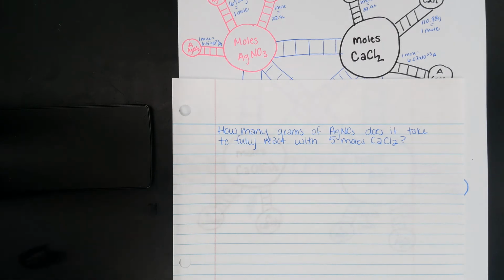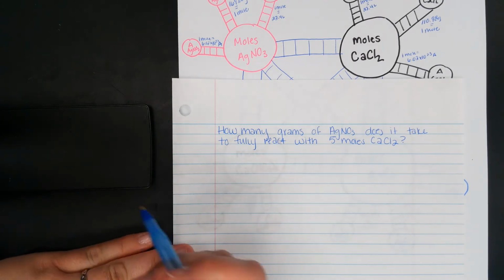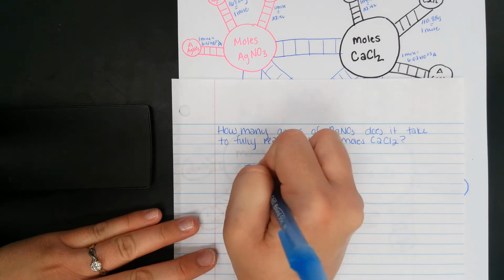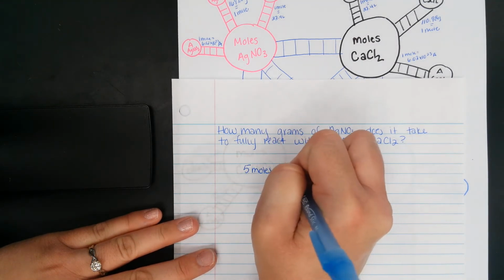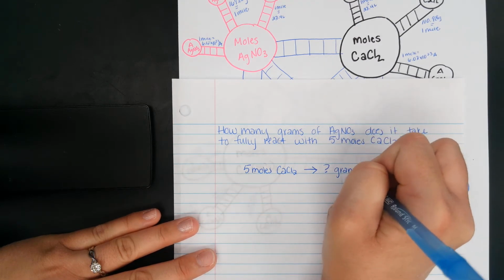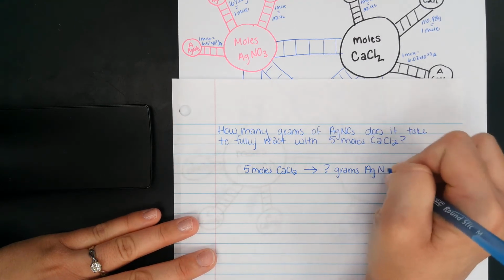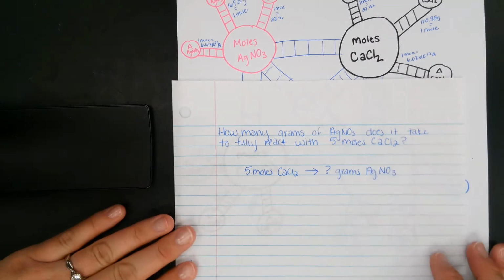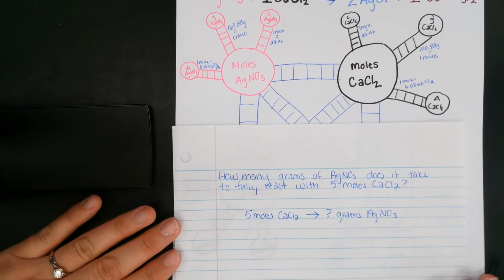My first step for always doing these is to write down what you have and what you're trying to get to. So we see that we were given 5 moles of calcium chloride, and it's asking us to determine how many grams of silver nitrate there are. I always like to think to myself, what's going to be the process in between?